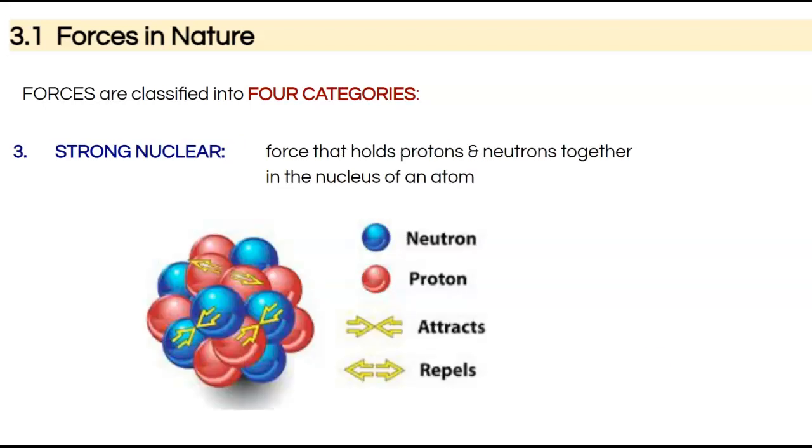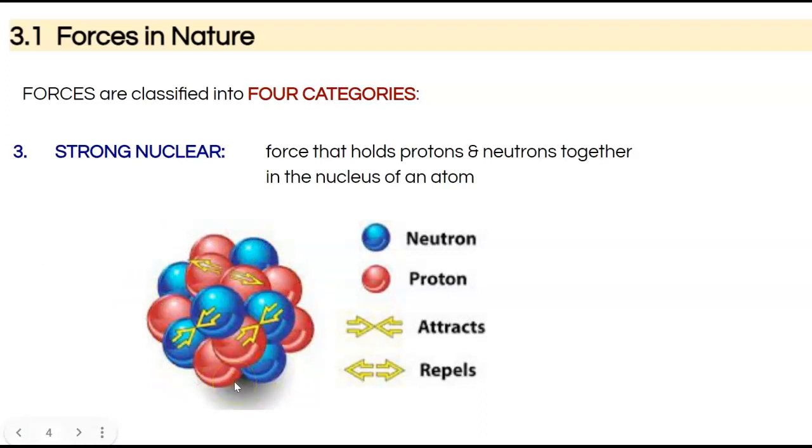Next, we have strong nuclear. And this one, I wanted to have the visual here to help you make sense of it. So, again, in grade 9, you would have talked in depth about the structure of the atom. And you'll remember that in the center of the atom is the nucleus, and that the nucleus is comprised of both neutrons and protons, right?